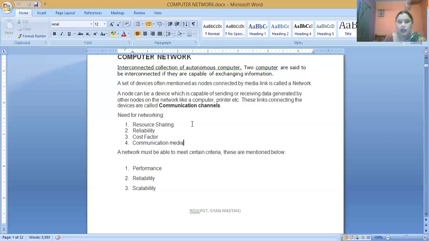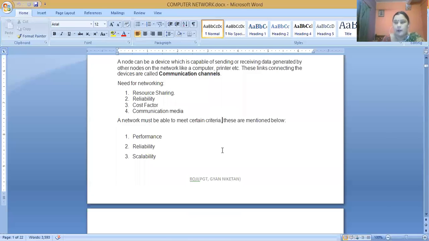While we consider networking, we have to see the following three factors. Means what is the performance of networking, and how reliable it is, and how scalable it is.